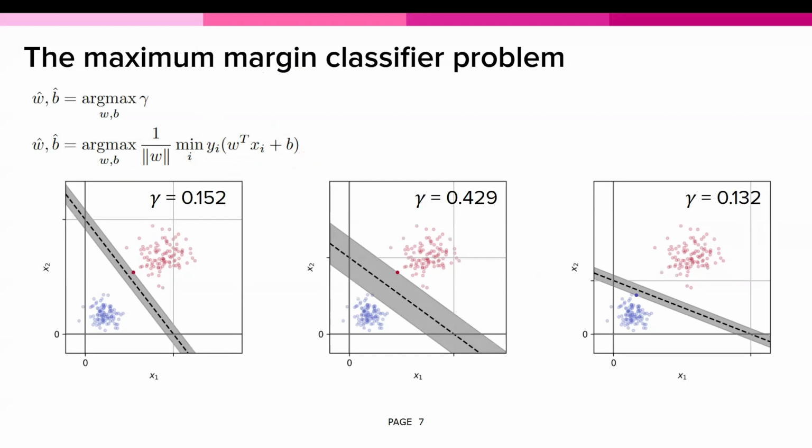So it's not just a simple optimization task, because it's actually what we call a bi-level optimization problem. In this situation, we've got one optimization problem nested within another. The outer optimization problem, or the upper level task, is to maximize the margin.